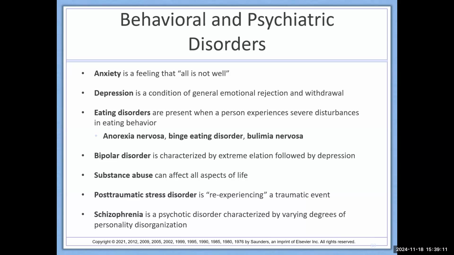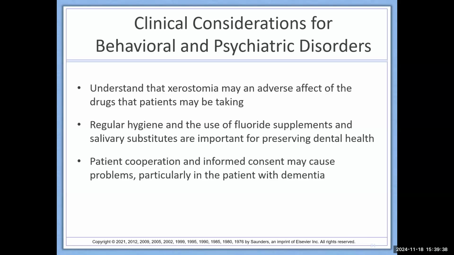Bipolar disorder is characterized by extreme happiness or elation, followed by depression. Substance abuse can affect all aspects of life. Post-traumatic stress disorder is when you're re-experiencing a traumatic event. Schizophrenia is a psychotic disorder characterized by different degrees of personality disorganization.